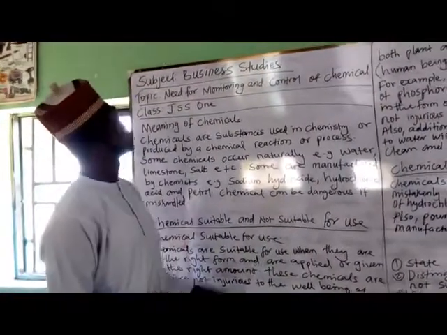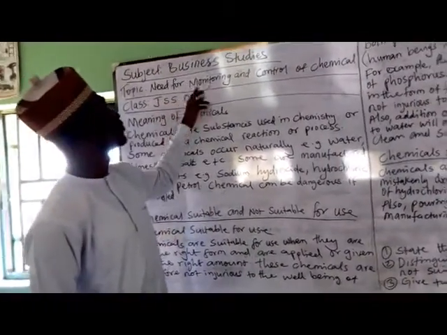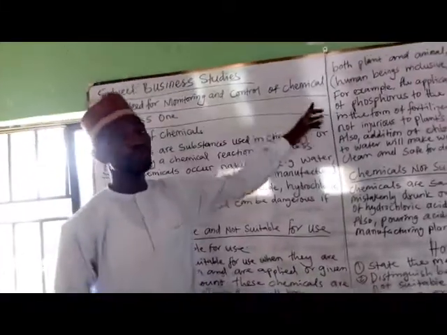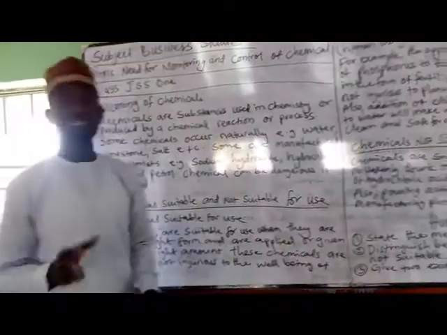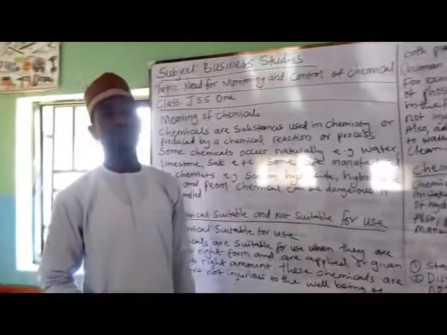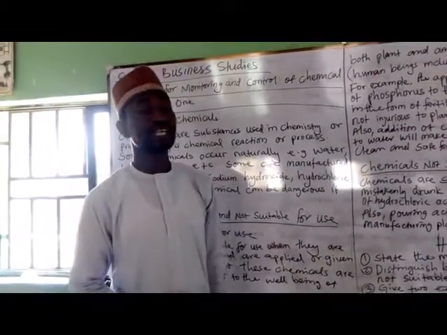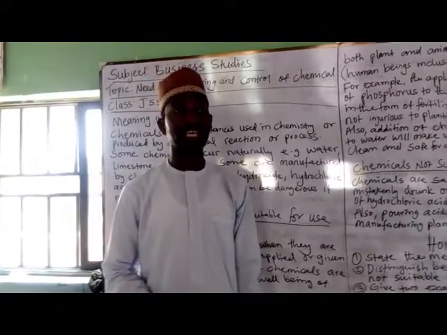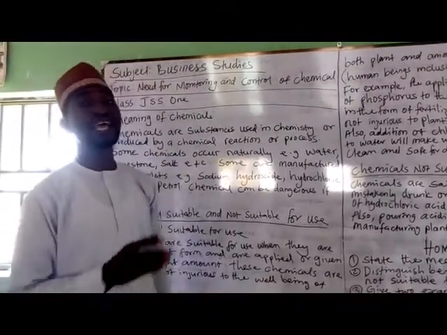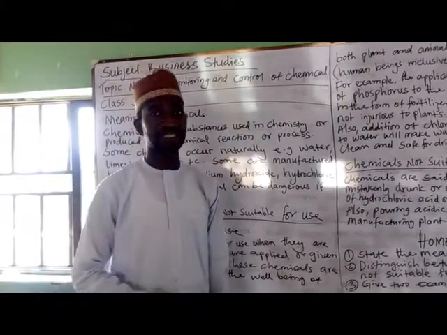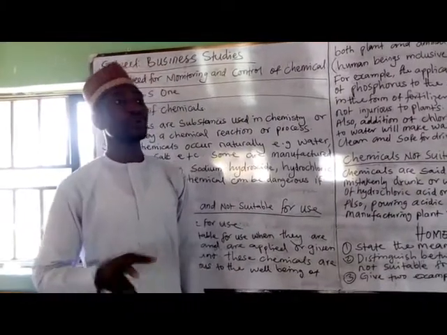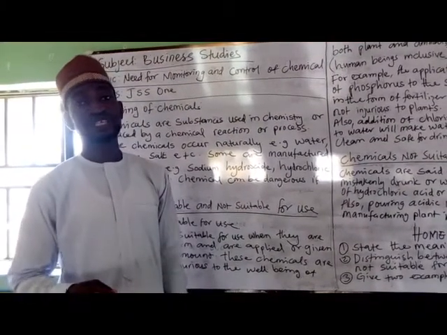Today, we are going to look at the need for monitoring and control of chemicals. If you recall, last term, which is second term, we looked at ethics of sourcing chemicals, and inshallah, we were able to do justice to it.